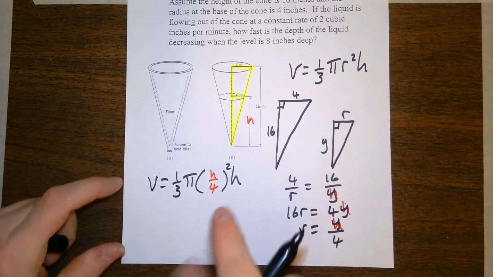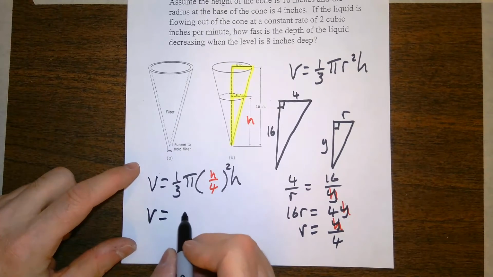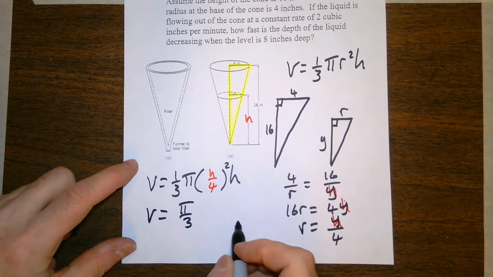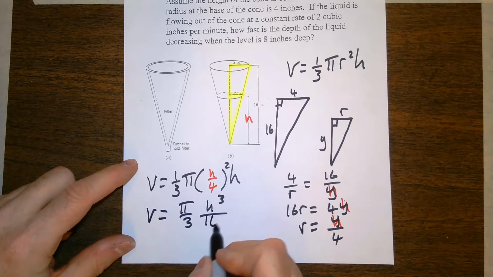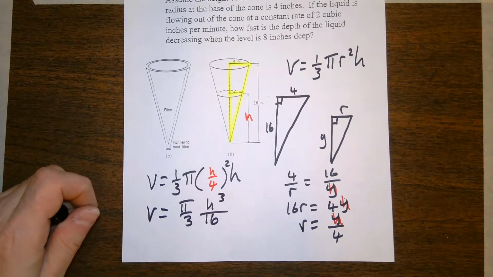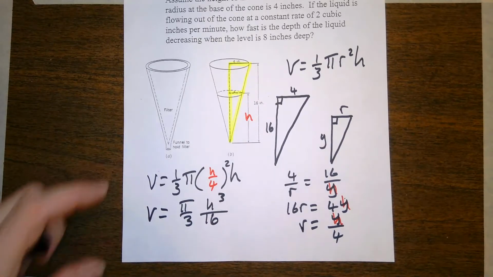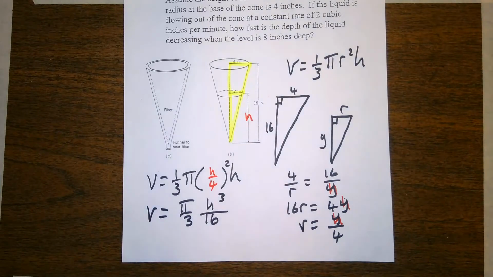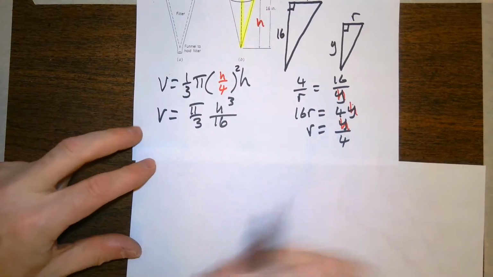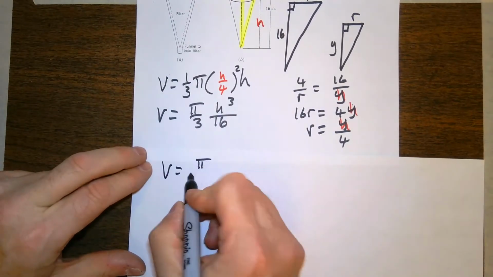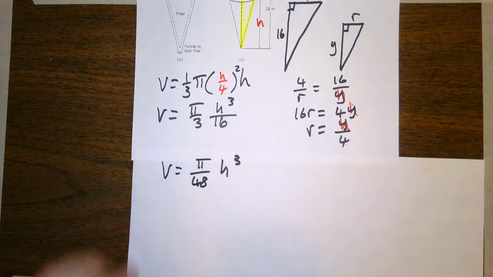So simplifying this, if I simplify my formula here before I do the derivative of it, I'm going to get pi over 3 times h cubed over 4 squared, which is 16. Now I'm going to have a constant here. If I pull that constant out, the volume is pi over 3 times 16, 48 h cubed.